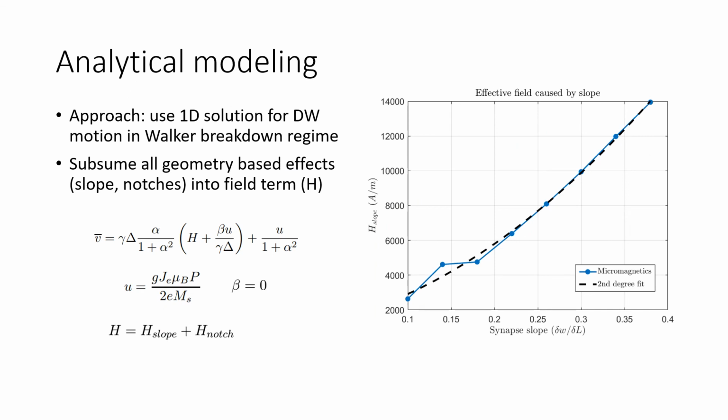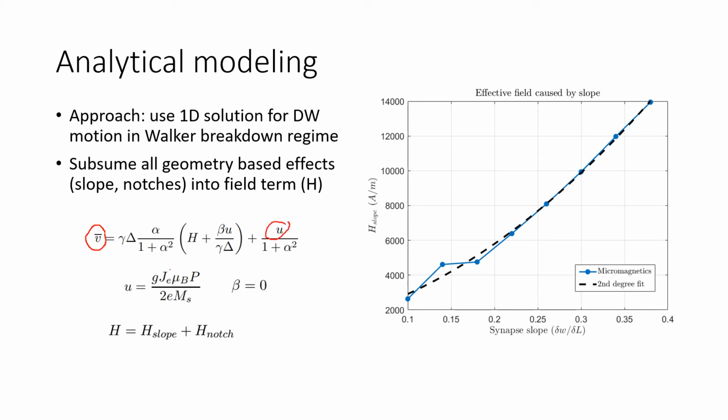Now from these micromagnetic simulations, I wanted to develop an analytical model I could use to analyze the device at a multiple device level. My approach is to use a one-dimensional solution for domain wall motion and Walker breakdown regime, and I want to subsume all geometry-based effects into the field term h. What I want to draw attention to is that this v is the velocity of the domain wall in one dimension, and it's proportional to u here.